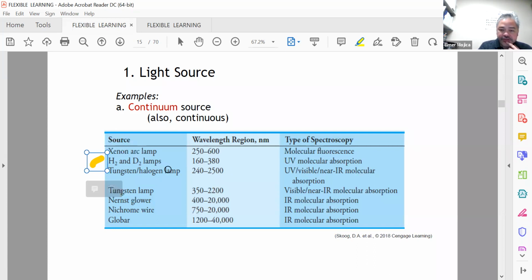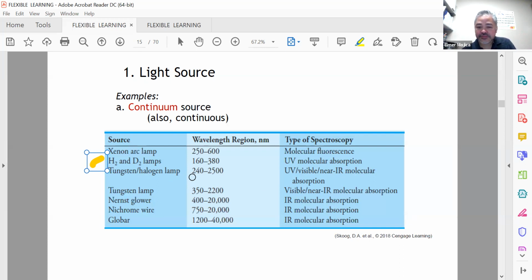Now, the deuterium lamp is used usually for UV molecular absorption. The tungsten lamp would be used in the UV, visible, and IR region, but the tungsten lamp can only cover until 240. As Mamigo told us in our last meeting, there's usually a shift in the light source once you reach a certain wavelength.